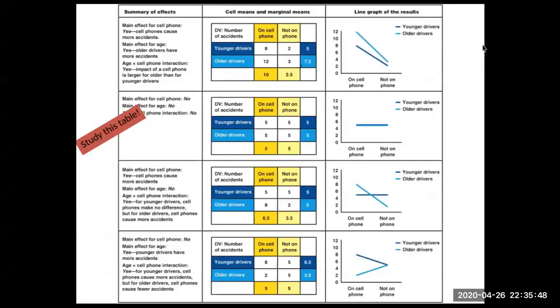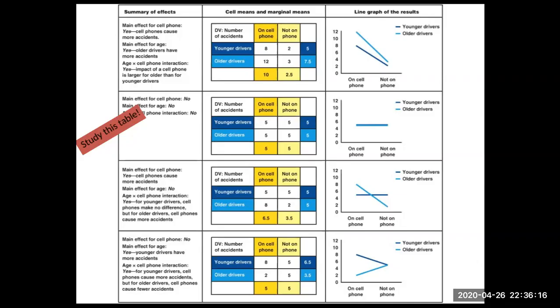So, again, really quickly to review what we just went over, looking at the marginal means allows you to determine whether or not there is a main effect. For younger drivers, we average over both on and off cell phone. For older drivers, we average. So it's as if we're looking at one IV and its levels as if the other IV didn't even exist.